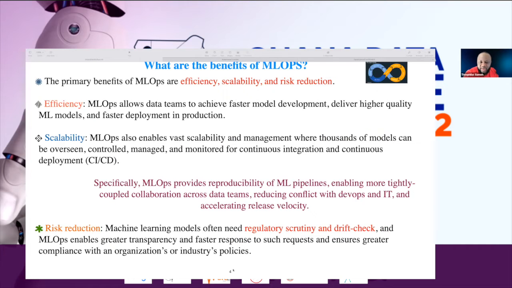So what are the benefits of MLOps? Efficiency, scalability, and risk reduction. It allows data teams to achieve faster model development. They're able to deliver high quality machine learning models and faster deployment in production.